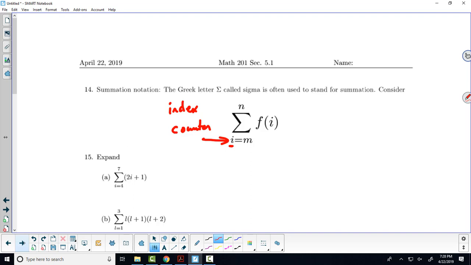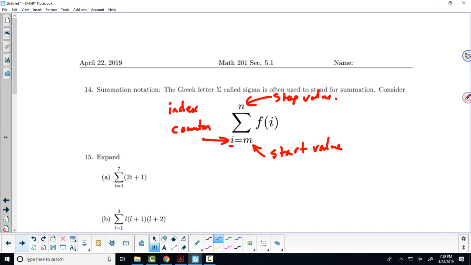So this is the index or the counter, and this is the start value for our counter. This is the stop value. Then what are we going to add up?